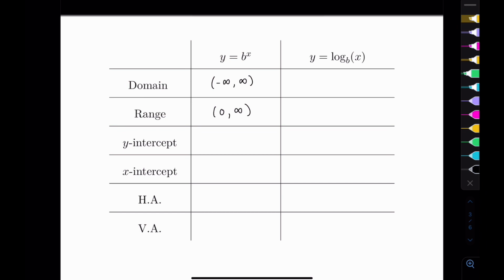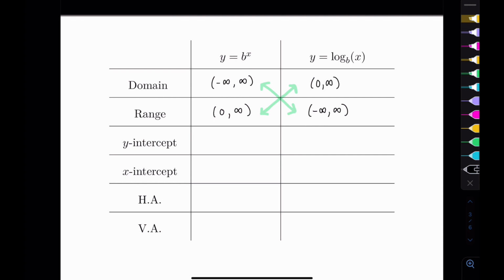So when I go to find all of these important pieces for the logarithmic function, remember they flip-flop. What was the domain now becomes the range for my logarithmic function. And what was the range for the exponential becomes the domain for the log.